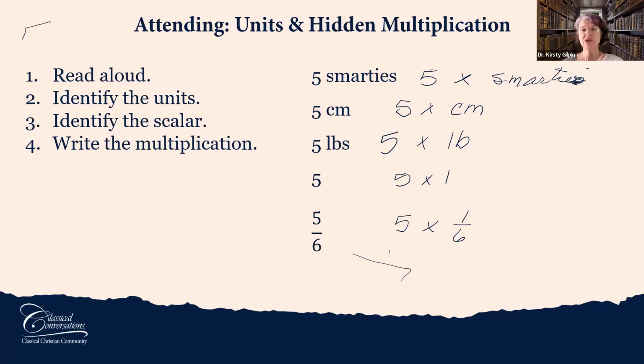Remember, we sort of started skipping steps toward the end. With our students, when we're unfamiliar, we want to always start by reading. So 5 centimeters: centimeters are my units, 5 is my scalar, so 5 times centimeter. 5 pounds: pound is my unit, 5 is my scalar, so I can write it as 5 times pound. A lot of us want to jump right to the end.